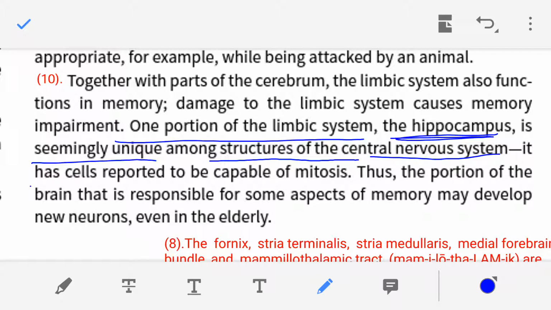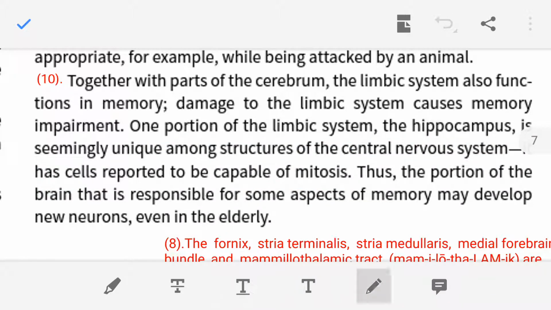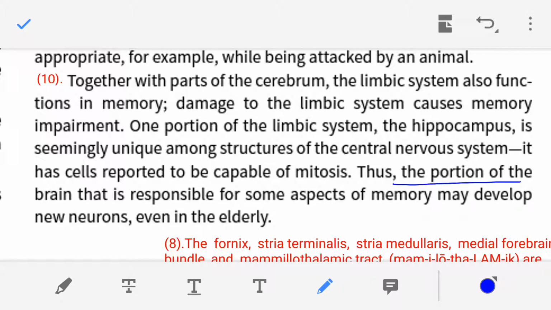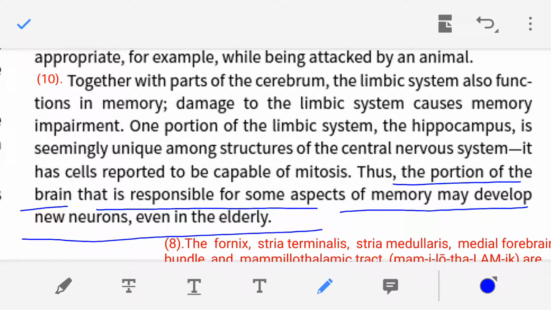Hippocampus has cells, and these cells are reported to be capable of mitosis. So these cells of the hippocampus can divide and produce new cells. That's why the portion of the brain that is responsible for some aspect of memory may develop new neurons even in the elderly.